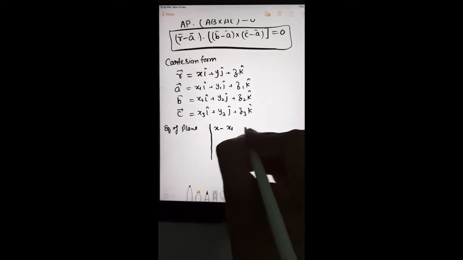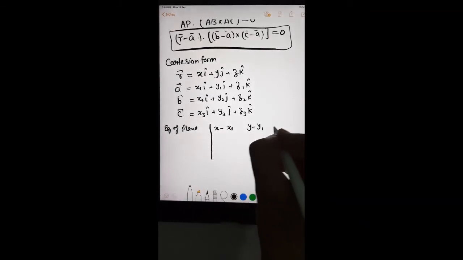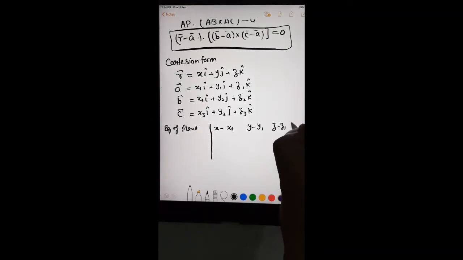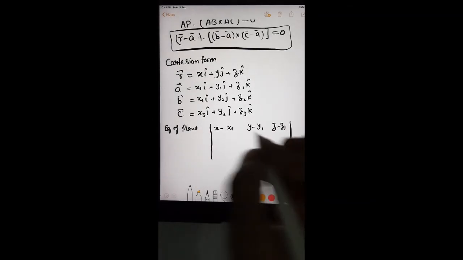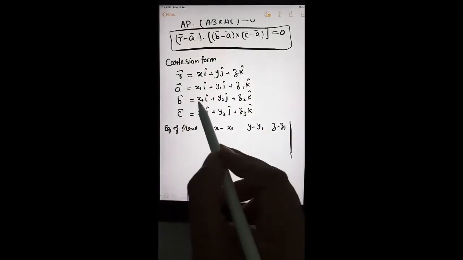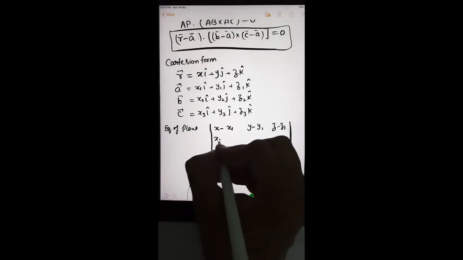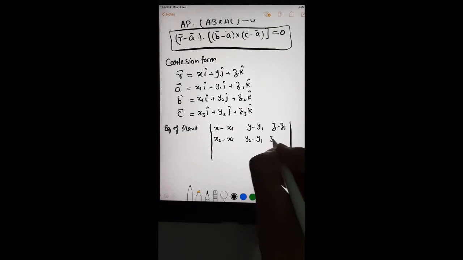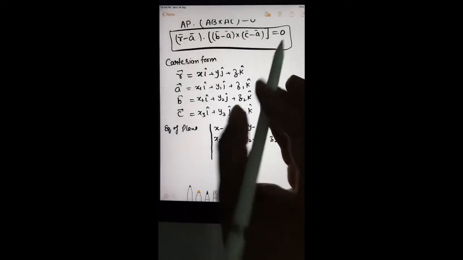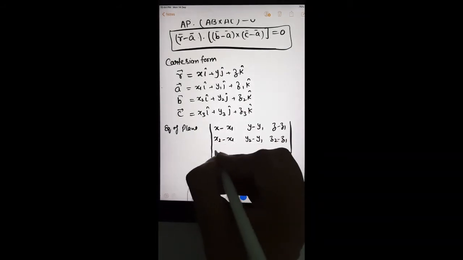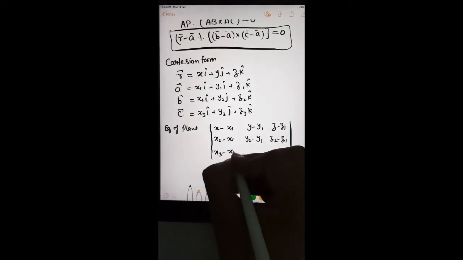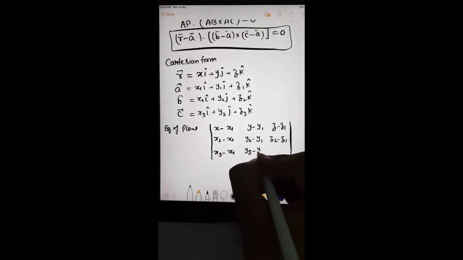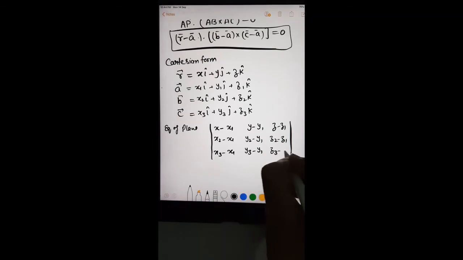x minus x1, y minus y1, z minus z1 in the first row of the determinant, and in the second row b minus a. B minus a means x2 minus x1, y2 minus y1, z2 minus z1, and the third vector is c minus a. It means x3 minus x1, y3 minus y1, and z3 minus z1.